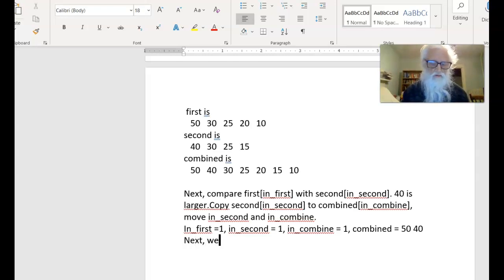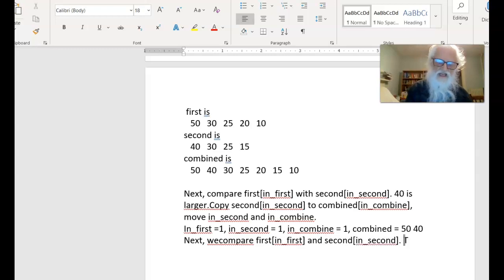Next, we compare the first in first and second in second. They are the same.